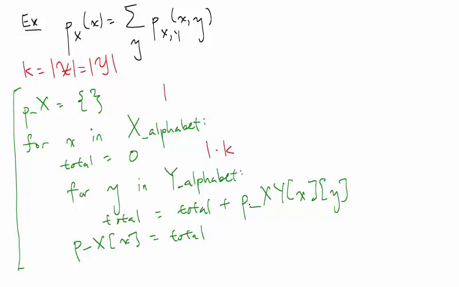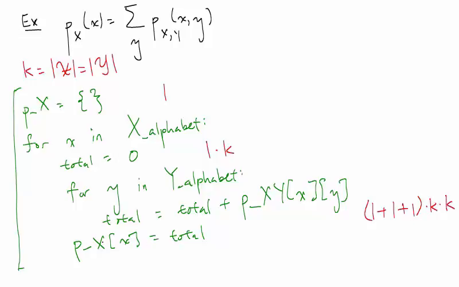In reality, in order to do this table lookup with dictionaries within a dictionary, you might have to do a number of different basic operations, but let's say for simplicity that this lookup just takes 1 basic operation, and then we have an addition of 2 numbers, so let's say that's another basic operation, and then an assignment, so let's say yet another, and then of course this thing gets run alphabet size of y times the alphabet size of x times, so that is times k.